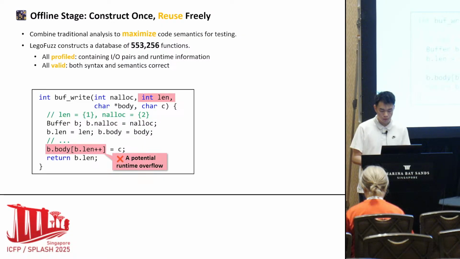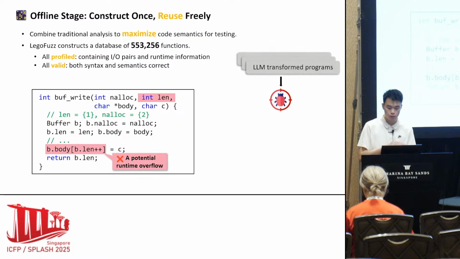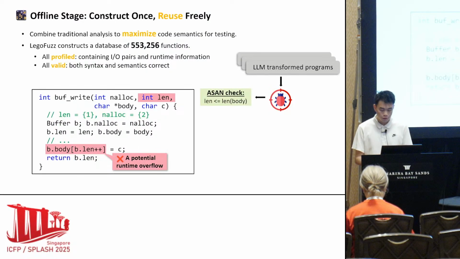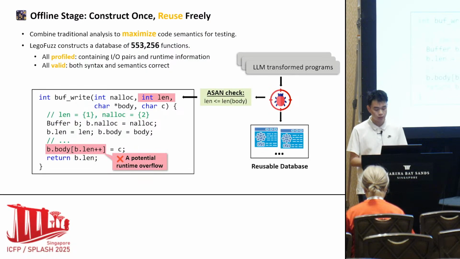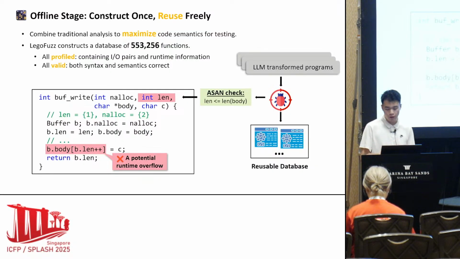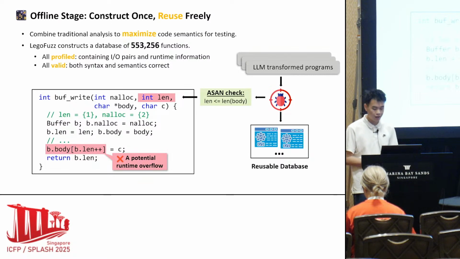To avoid this UB, we automatically validate and profile the LLM-transformed program using multiple compiler toolchains, like sanitizers, like ASan here. Functions that fail any of these checks are discarded. The remaining valid ones are then profiled to get their I/O values and runtime profiles. For example, we know that len equals 1 and n equals 2 at the beginning.